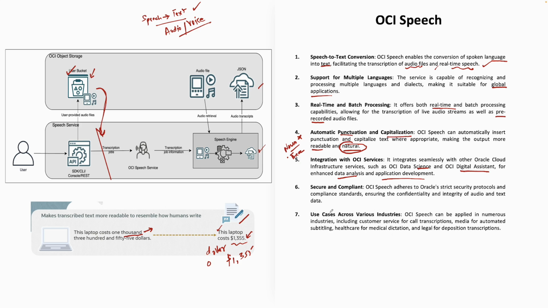There are various use cases across various industries. I do remember some time back I saw one of the doctors dictating when I took my daughter to the hospital. The doctor was just speaking, and as he was speaking, he was recording his voice, and that was getting converted into text, and the entire case history was getting created, which was really amazing.